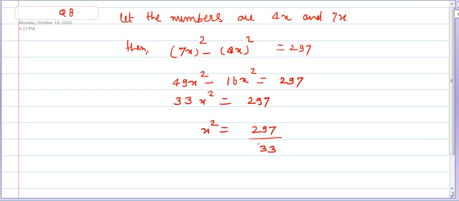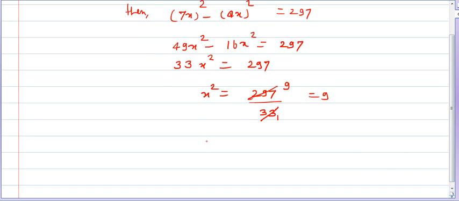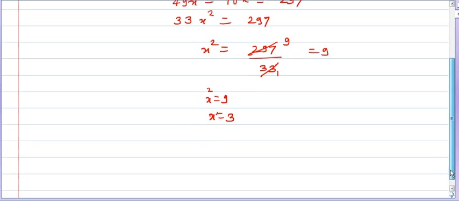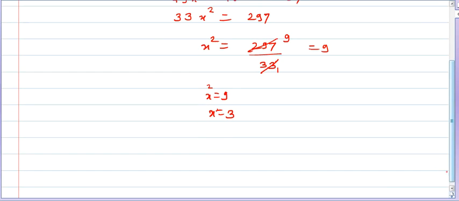X square is 297 upon 33. Now divide 297 by 33. So it becomes 9, 9 times 33 is 297, equal to 9. Okay, so students, x square equal to 9 and hence x equal to 3. Then the numbers are, so it is question number 8.